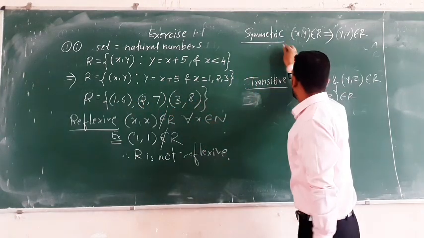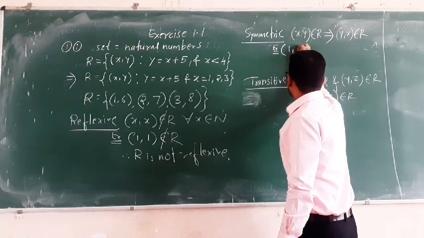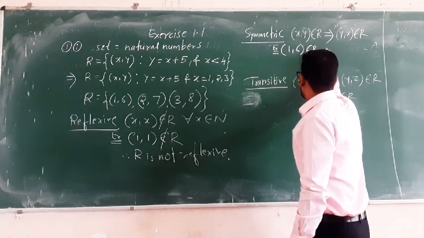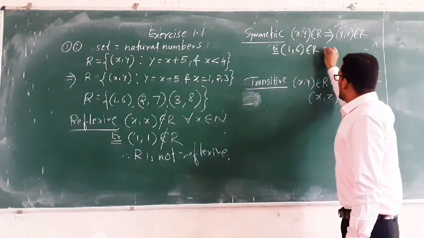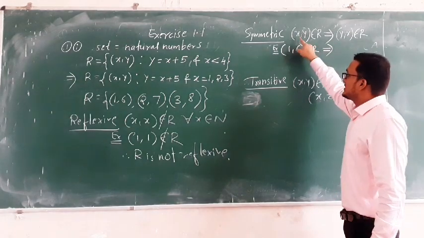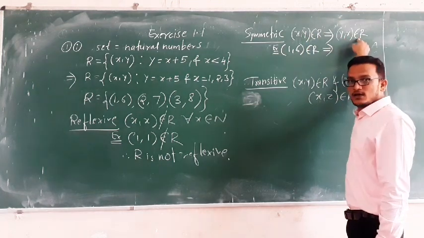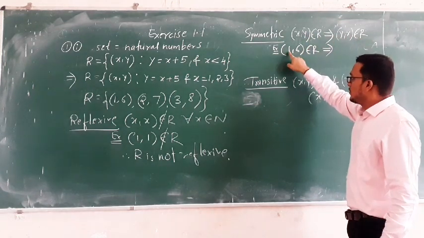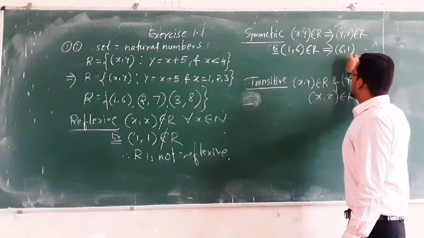I will choose the first one: (1, 6) belongs to R. When (x, y) belongs to R, its reverse ordered pair must also be present in R. Let us check. (1, 6) belongs to R, and its reverse is (6, 1).